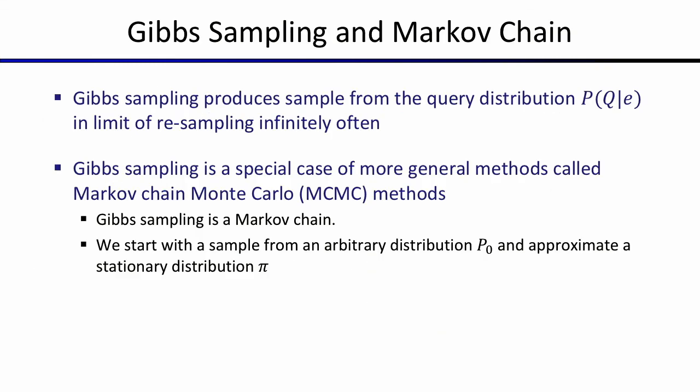So it may be hard to believe in the beginning, but the Gibbs sampling is a Markov chain. And you should remember the Markov chain. We have a lecture about this class of dynamic Bayesian networks. It's a very simple type of dynamic Bayesian network that we have the nodes and we have these iterations over time here. And these nodes, they represent an initial probability. So we start here with the probability P0, and we're starting to iterate over this, and we have the probability of the state is going to change over time.